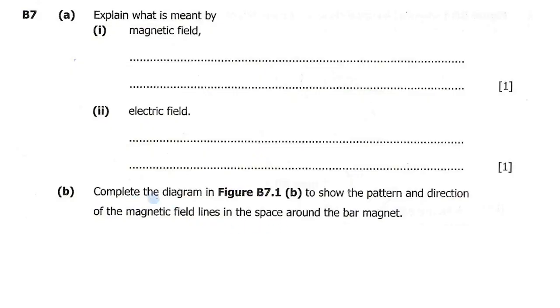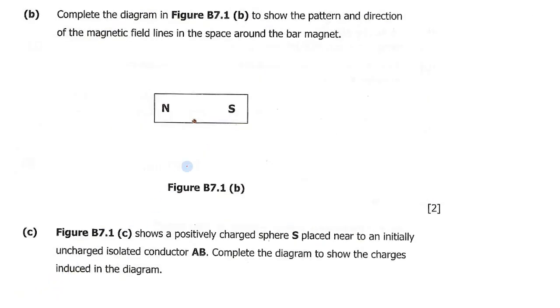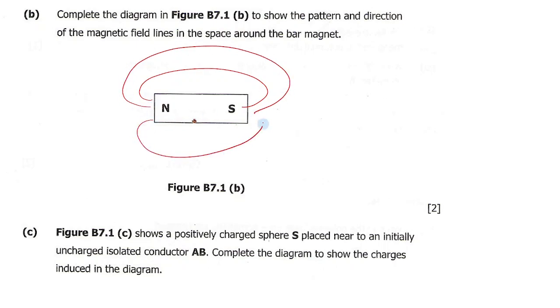Complete the diagram to show the pattern and the direction of magnetic field lines in the space around the bar magnet. If it's a magnet, the field will be like this, from north to south, arrows like that.